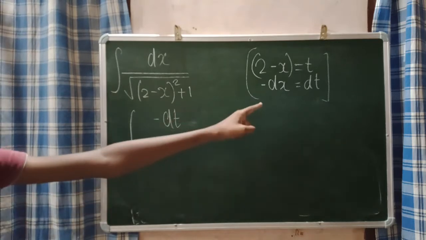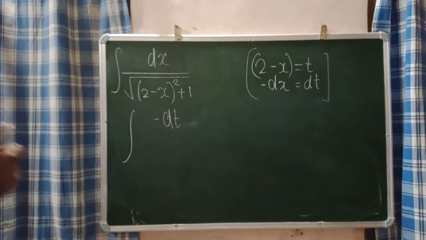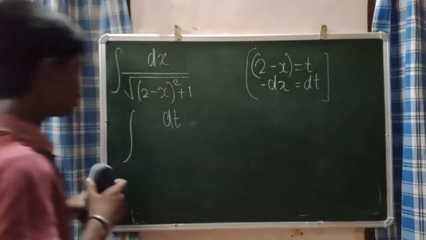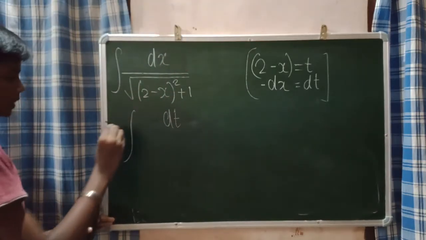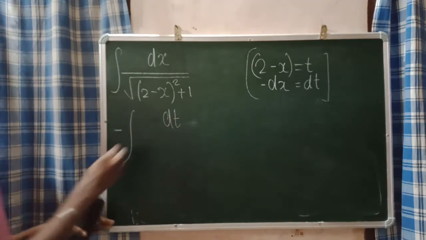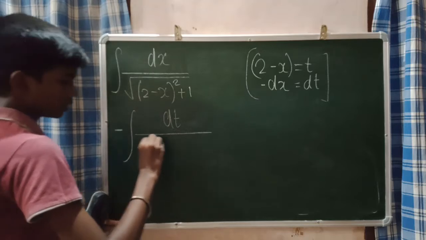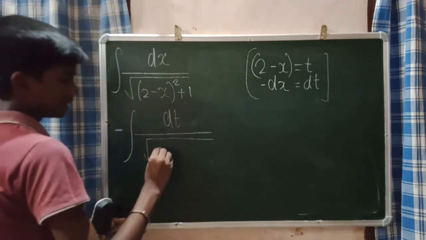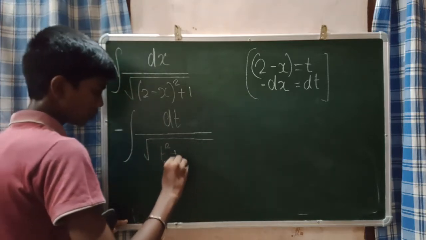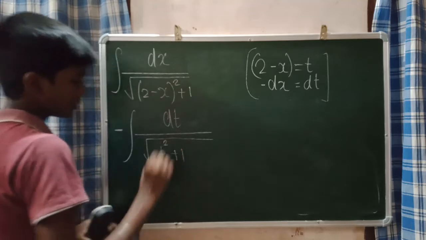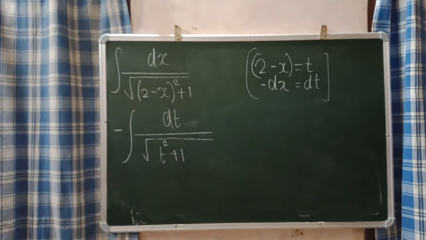So I can take this minus outside the integral because minus 1 is a constant. Then divided by the square root of (2 minus x) whole square. What I took as 2 minus x is t, so t square plus 1.